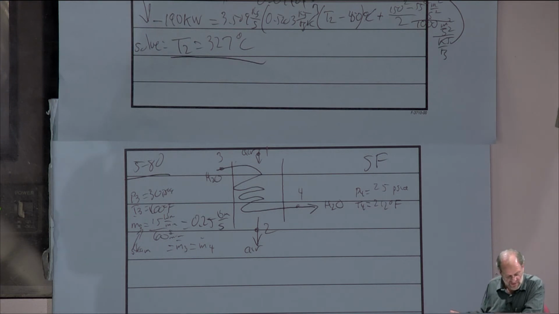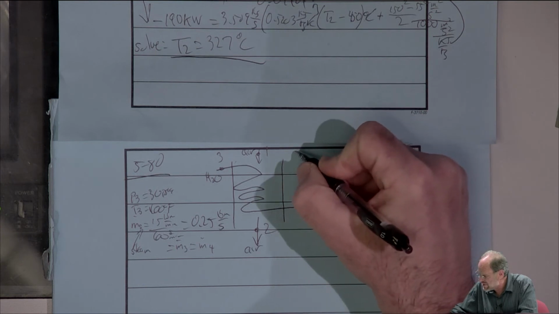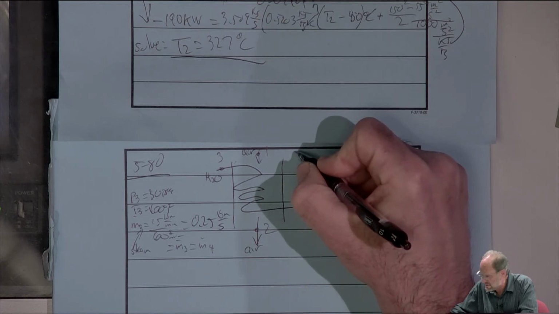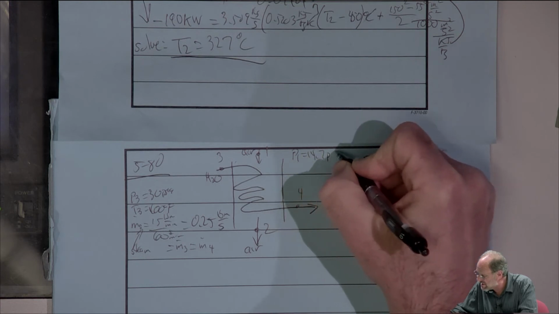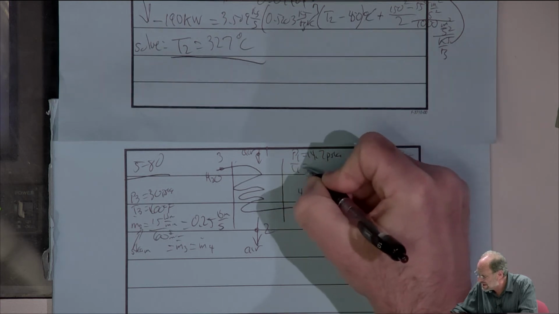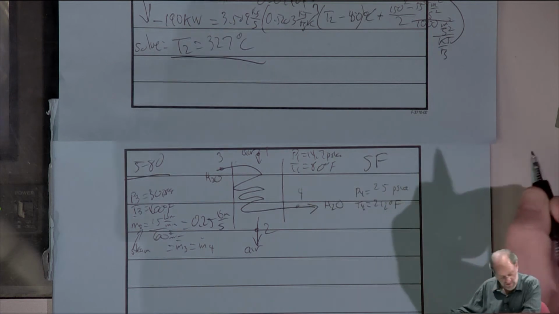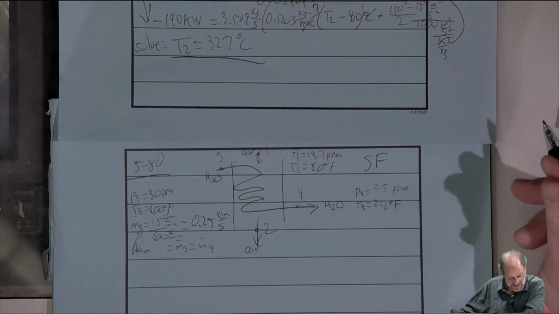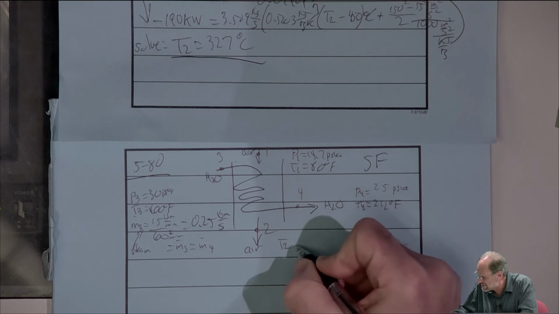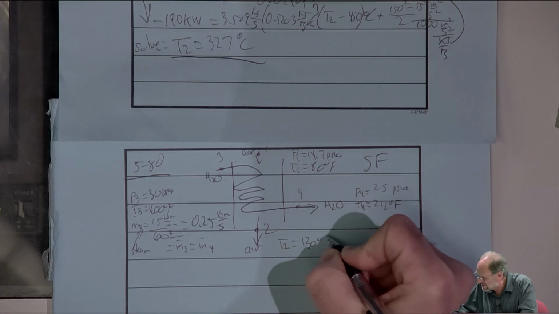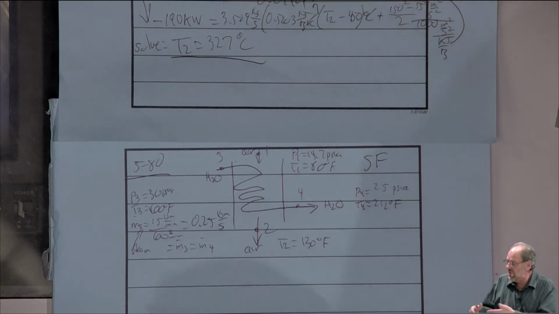So it says the air enters at 14.7 psia and 80 degrees Fahrenheit. So the air is point 1. So P1 equals 14.7, T1 is 80 degrees Fahrenheit. And it leaves at 130 degrees Fahrenheit. So T2 is 130. So this is how I like to set up these particular problems.